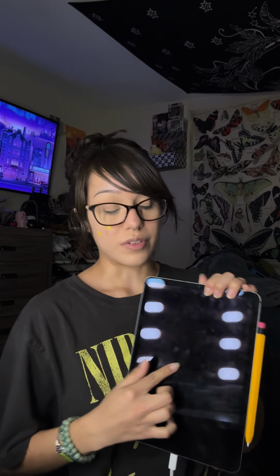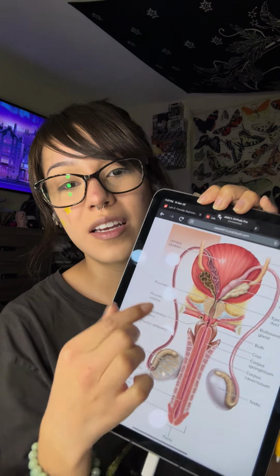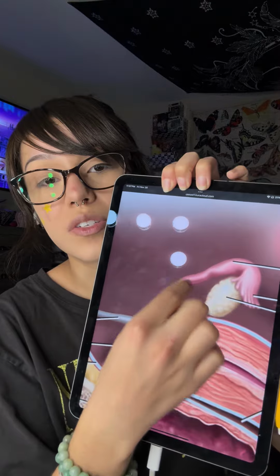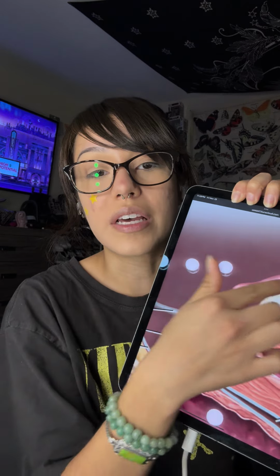There's also vasectomy and tubal ligation. Vasectomy is what I mentioned earlier. There's the ductus deferens right here. Basically, they can snip both of these, and it prevents sperm from traveling up the tube. There's also tubal ligation for women, where they can snip these right here to help prevent the egg from getting released through that tube.